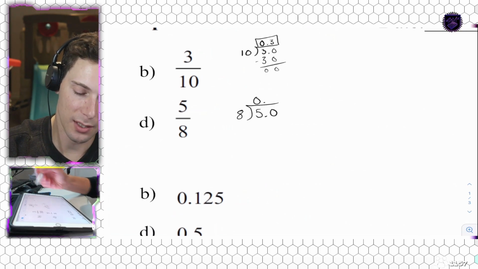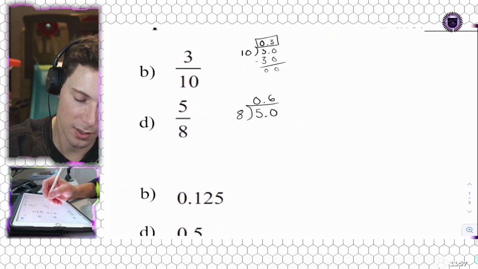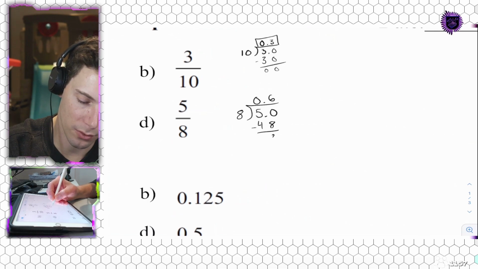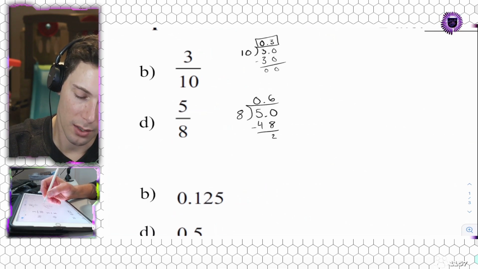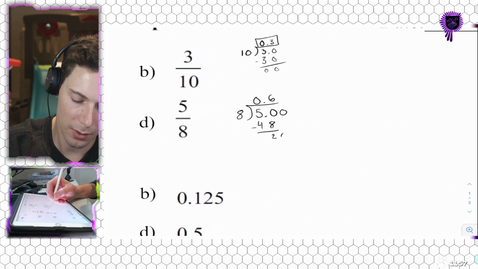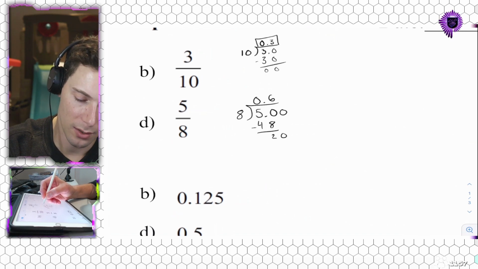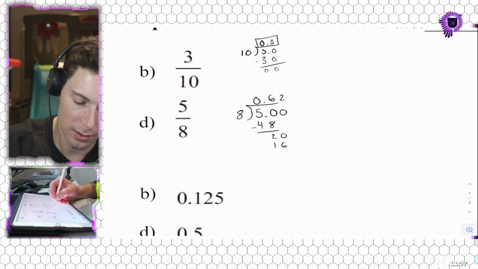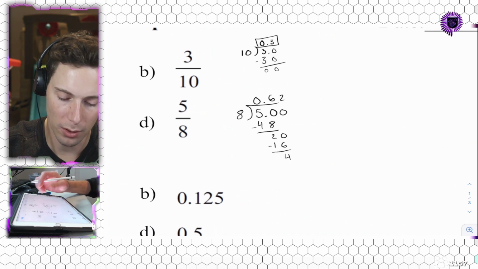So 8 times 6 is going to be 48, which will leave a remainder of 2. And again, 8 won't go into 2, so let's drop down our next 0. 8 goes into 20 2 times to make 16. We do that subtraction, leaving 4.